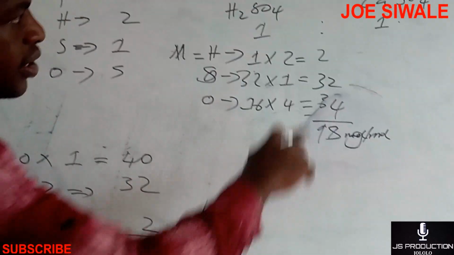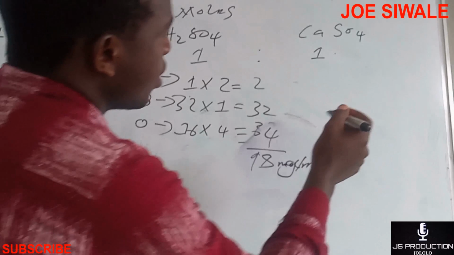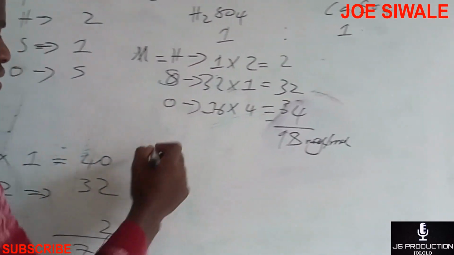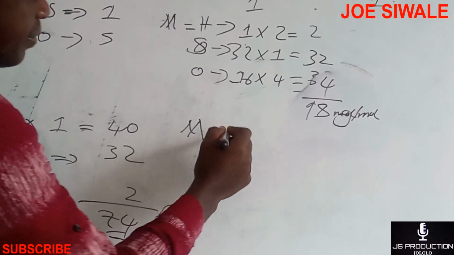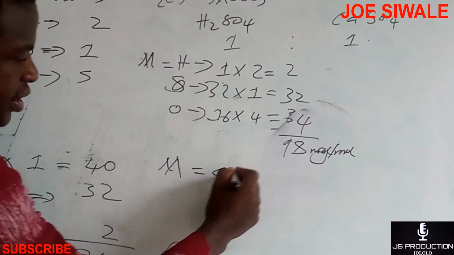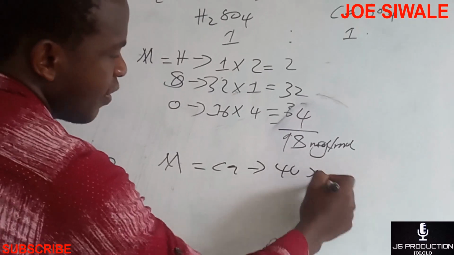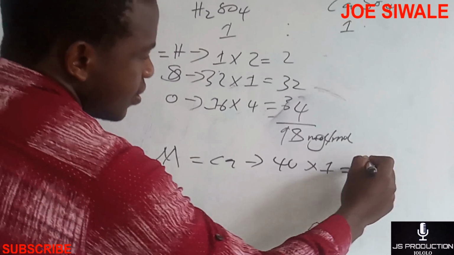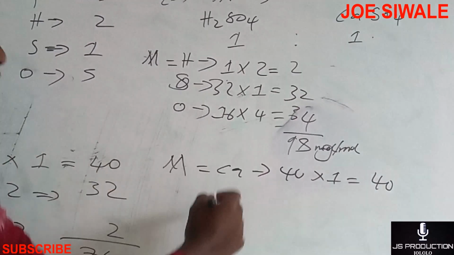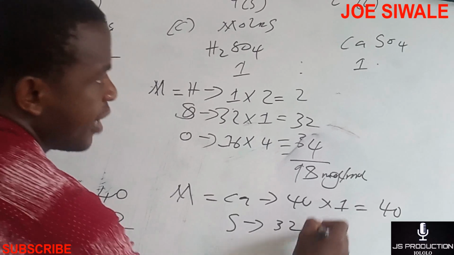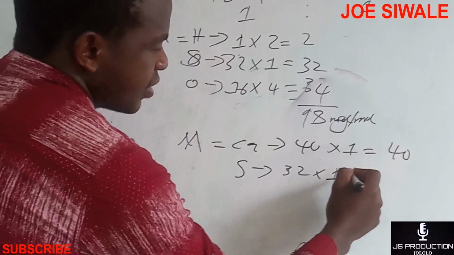What about for calcium sulfate? So for calcium sulfate, I would say the molar mass will be equal to calcium. I know that the mass number of calcium is 40 multiplied by the number of atoms, which is 1. So this will give me 40. Then sulfur, the mass number is 32 multiplied by the number of atoms there is 1.